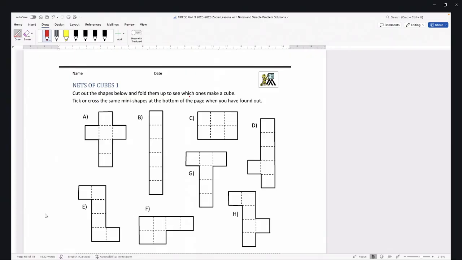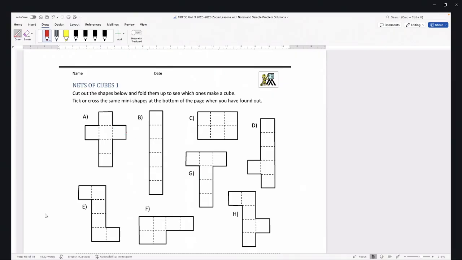So a cube means 6 faces, top, bottom, front, back, left, right, all going to be the same size. If you look at all of these, all 6 faces are exactly the same size, same shape. When you fold them up, there's more than one way to create a box, or in this case, a cube. Which ones, when folded, will give you a cube?